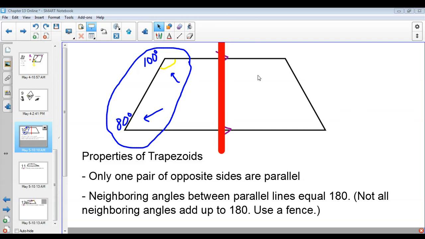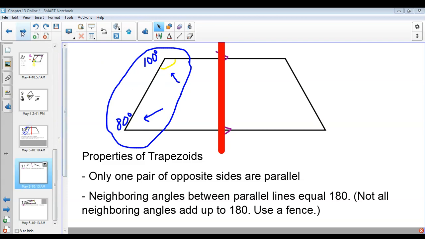The two angles on this side of the line equal 180. Altogether, there's 180 on the left, 180 on the right, or in some cases, the trapezoid may be split vertically, so it may be 180 on the top and 180 on the bottom. But altogether, there's going to be 360 degrees inside those angles in a trapezoid. It's just that the rule of 180 only applies in certain sections of that trapezoid.